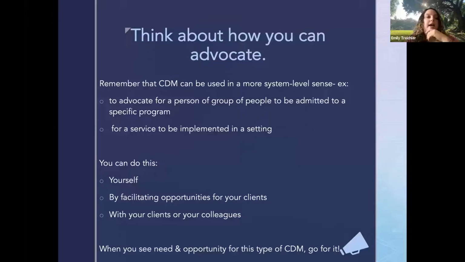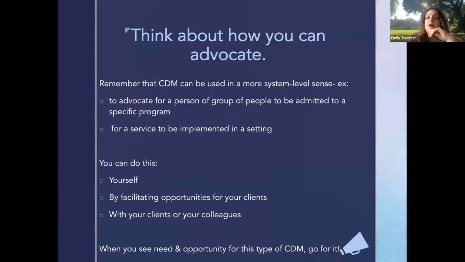Let's say you're working with a client in a program and they are really interested in participating in some kind of treatment, but it's not available in that program. And you think, yeah, you really would benefit from that, and it would be great to have that service available. Maybe it's a group therapy or something like that.